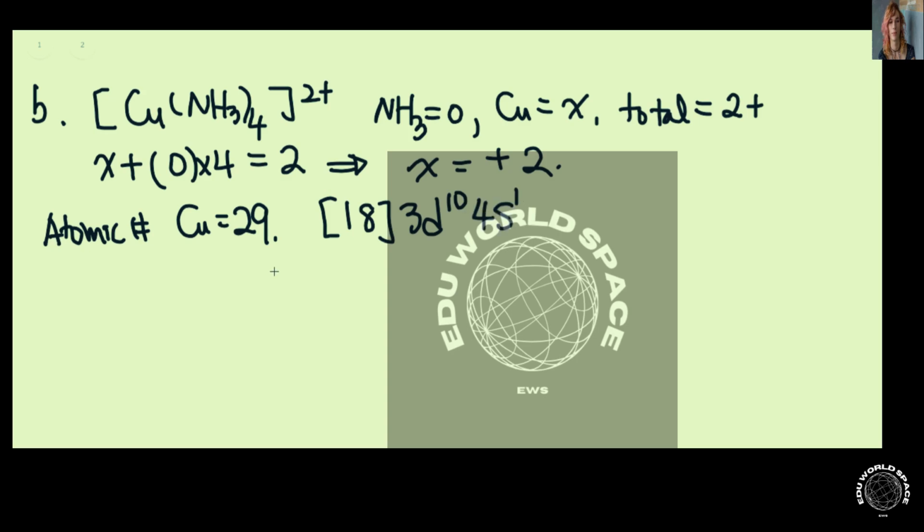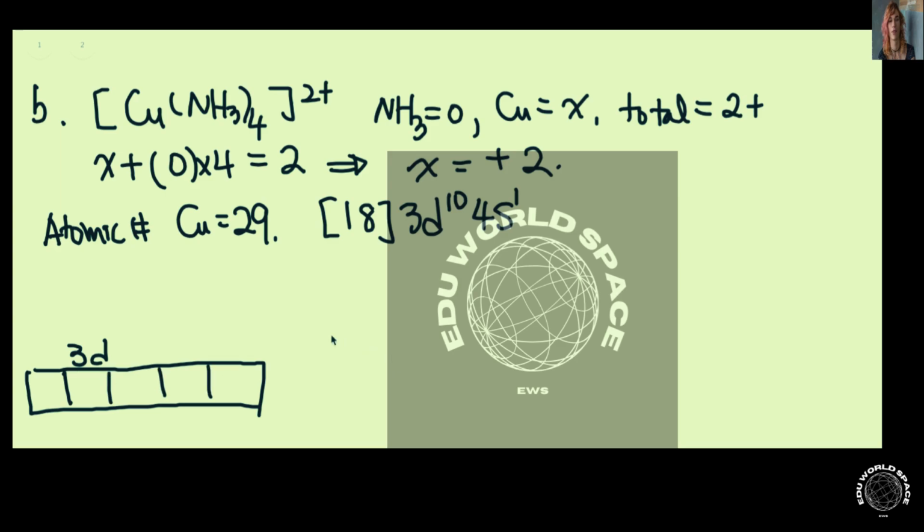If we draw the outermost electronic arrangement, we have the 3d orbital, the 4s orbital, and the 4p orbital.